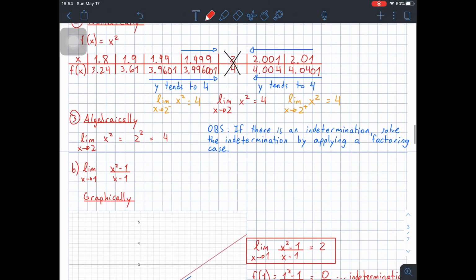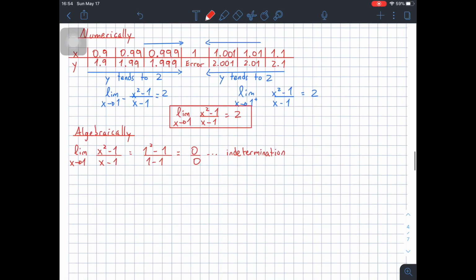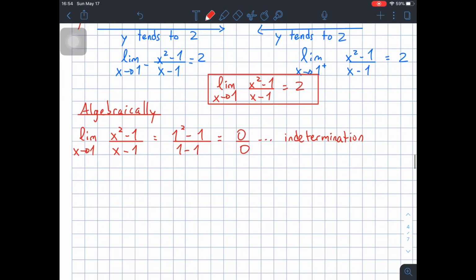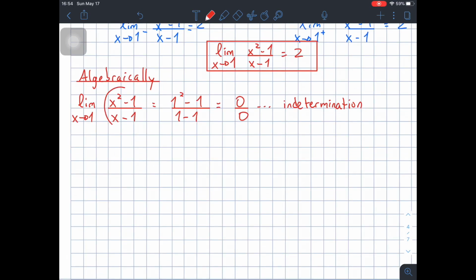So there's something that we need to do in order to get that value. And here is when we're going to apply this observation over here. It says, if there is an indetermination, solve the indetermination by applying a factoring case. If you take a look at this function, what factoring case can I apply here? Specifically on the numerator, I can apply difference of two squares, right?